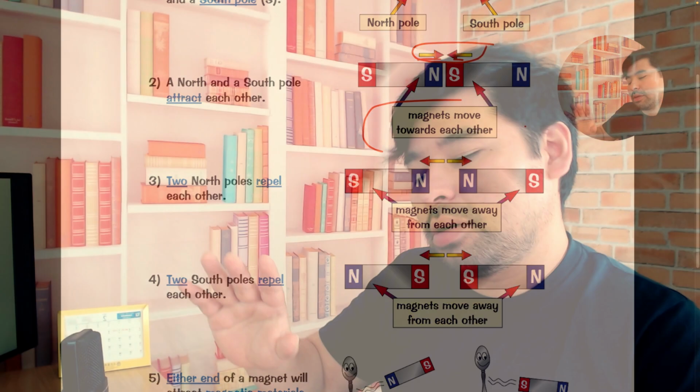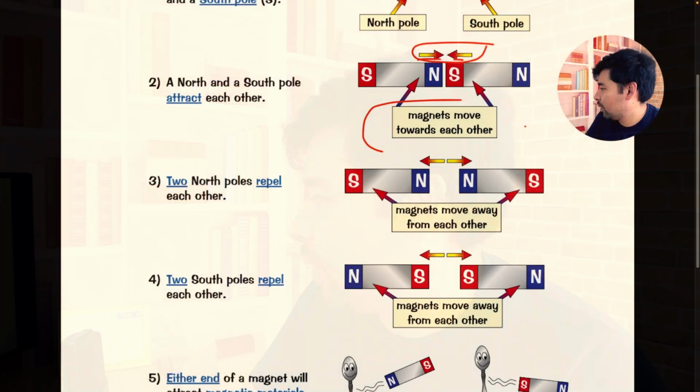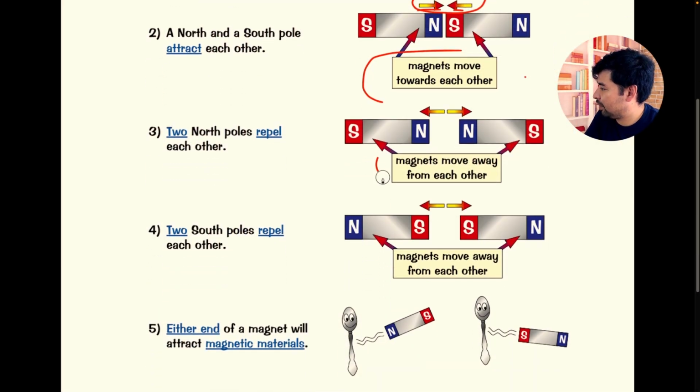Example: I have a south and a north, they get closer automatically. But if I have north and north, and I try to put them closer, they will force each other apart. It's the opposite effect. That's why here, magnets move away from each other because it's north and north.